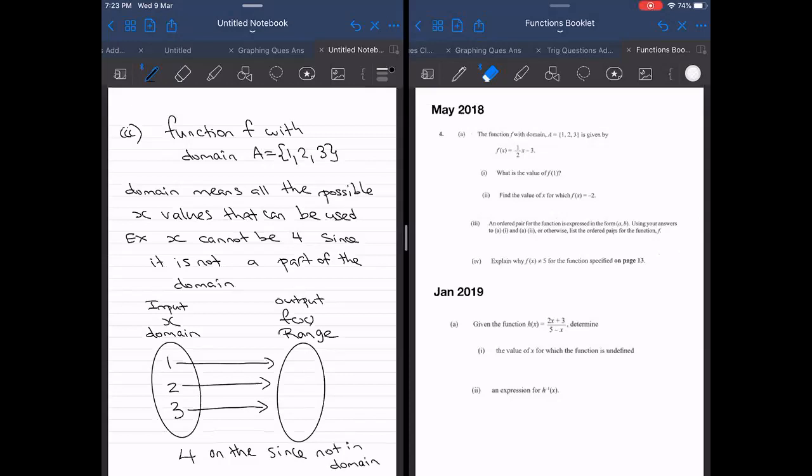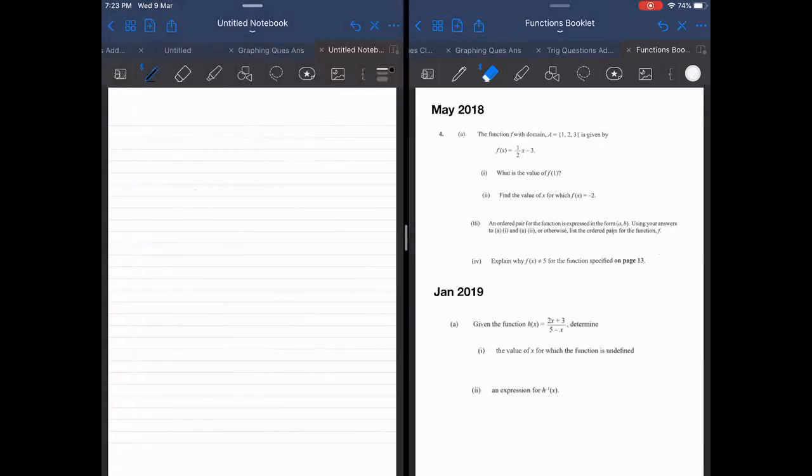So we're going to try to figure out what these things match to, but the first thing to understand about this question, let me go to something and then I'm gonna come back. It says an ordered pair for the function is expressed in the form (a, b).